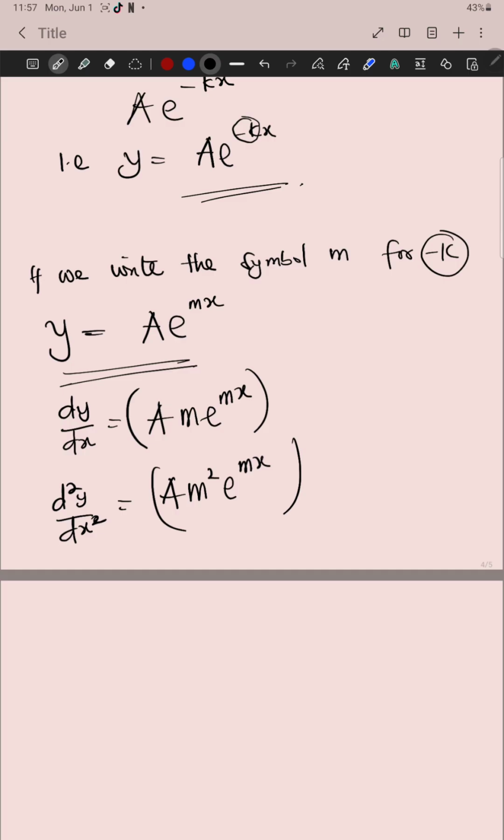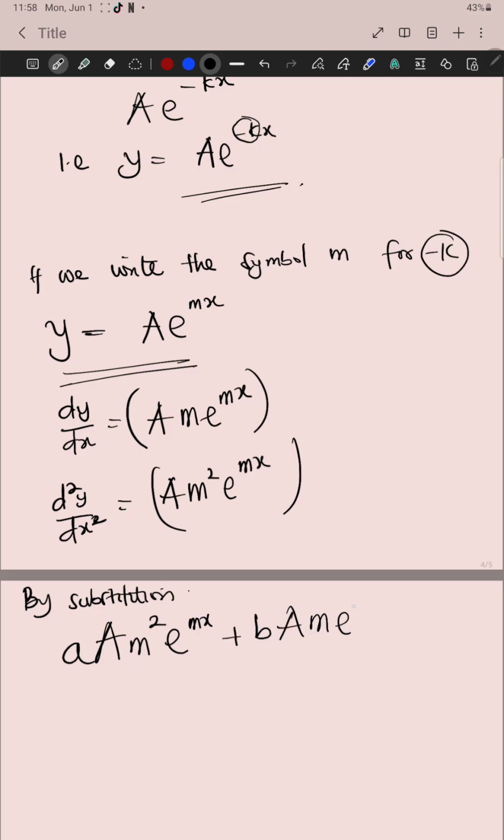Is that clear? Now, if you substitute the expression back, we're going to have m squared e to the mx plus b m e to the mx plus c e to the mx is equal to 0, right?